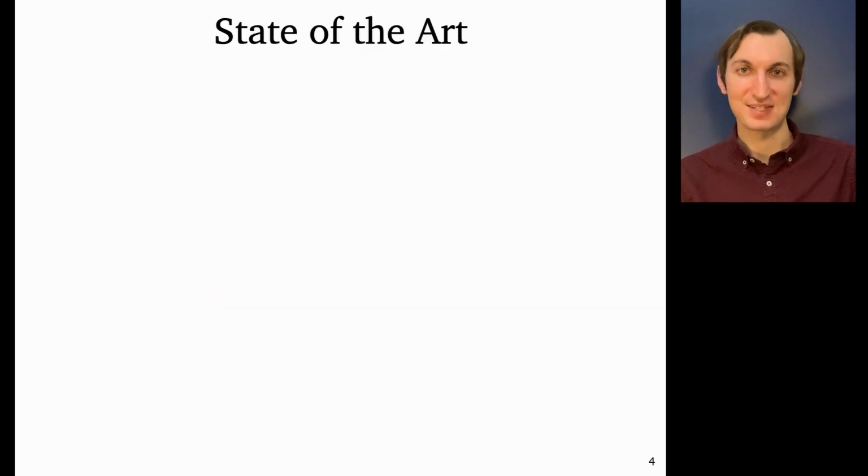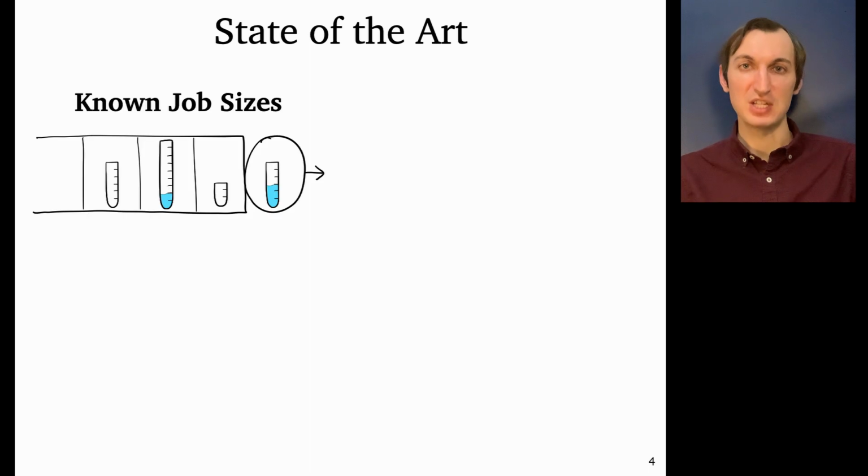So let's talk about what the state of the art in scheduling to minimize mean response time is. Suppose we know each job's size. How should we schedule to minimize mean response time? Well, the idea is that we want to get a job out of our system as quickly as possible, because whichever job we can finish the quickest, that's going to give us fewer jobs in the system, which corresponds to lower mean response time.